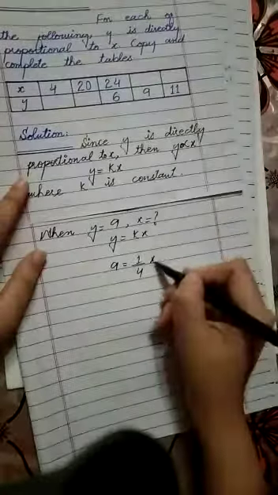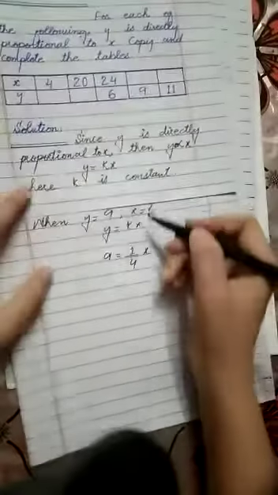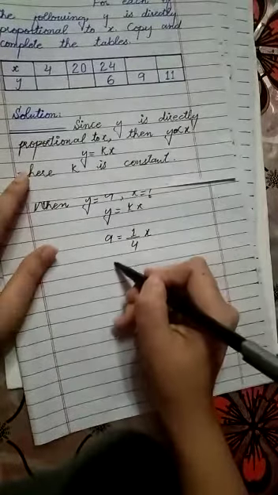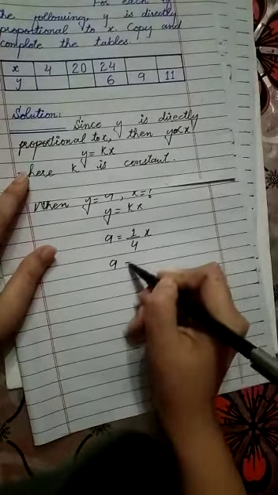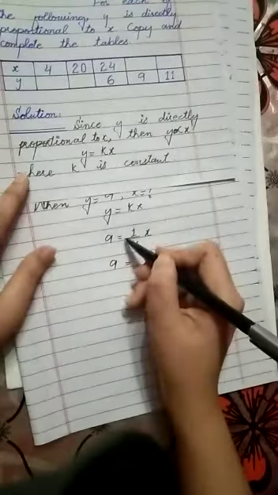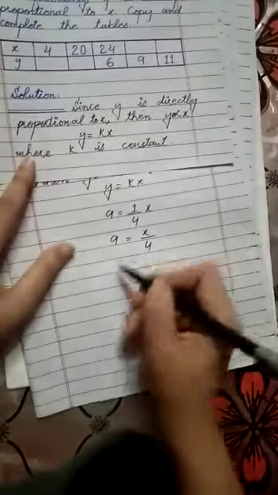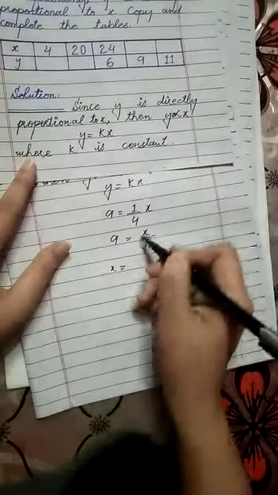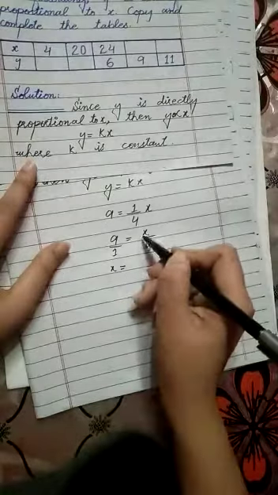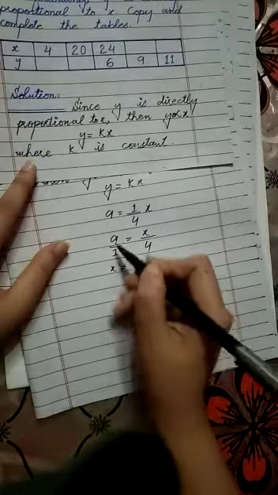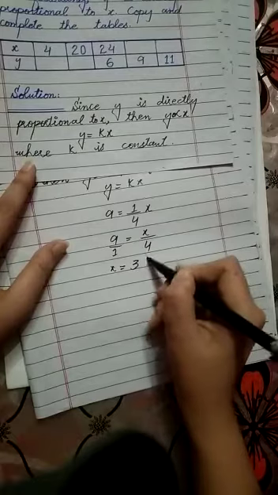X we have to find because x is missed. So it will be cross multiplied as the equal sign is between them, and it will be x by 4. We will cross multiply, so x ones are x and 9 fours are 36.